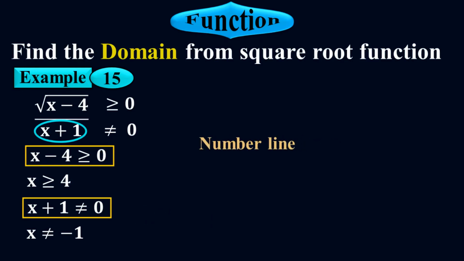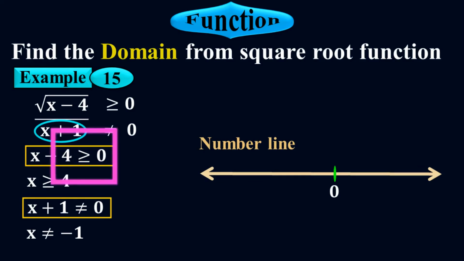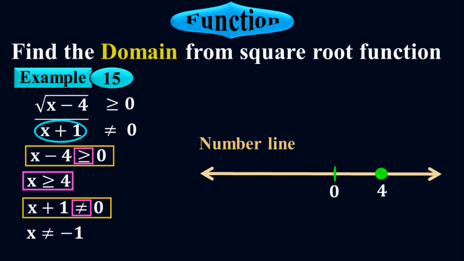Let me draw a number line here, where at this stage I have 0. Then according to the first rule, x must be greater than or equal to 4. So my point for 4 will be here. And then according to the second condition, x cannot be equal to negative 1. And there is my third point, which is negative 1. This filled-in circle for 4 is because of this condition.